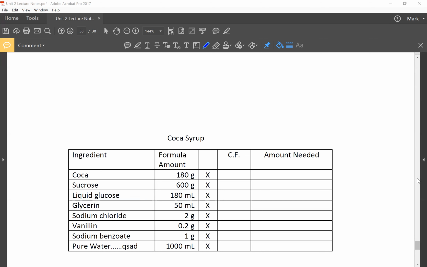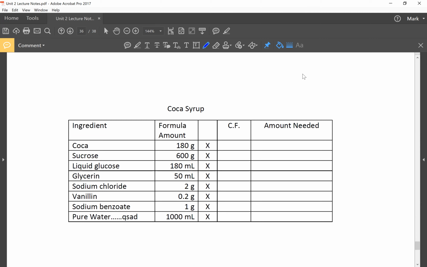Glycerin, this is probably used to give it some sort of thickness, I would guess. Sodium chloride, salt, vanillin for vanilla flavor, and sodium benzoate. I don't know what that would be for, but these are all my ingredients. And all of these ingredients will be mixed with water to make 1,000 milliliters. So this is really important at the end.